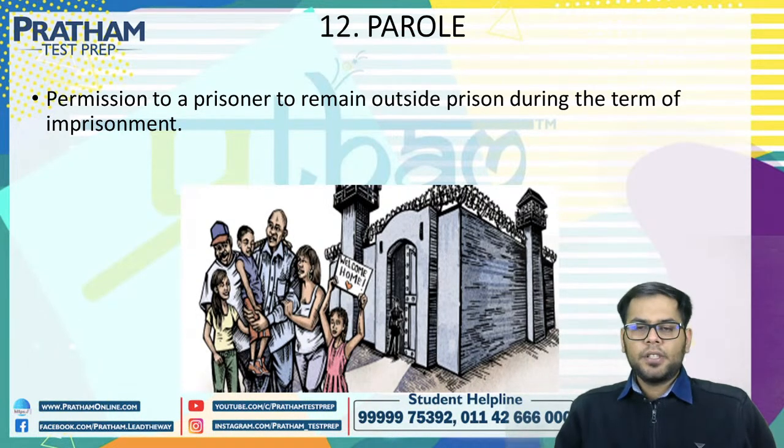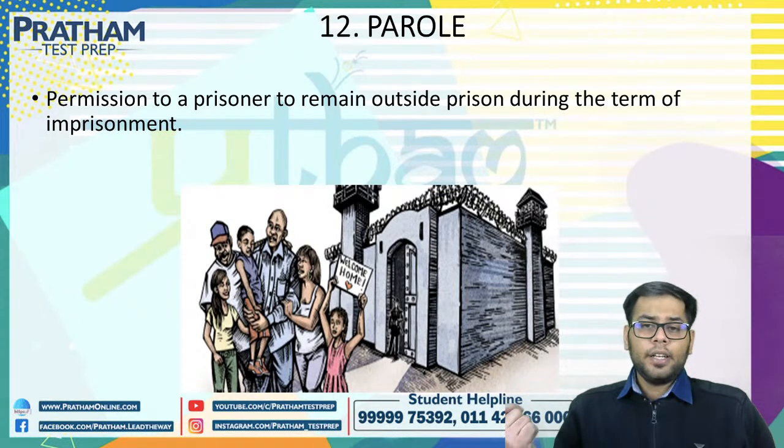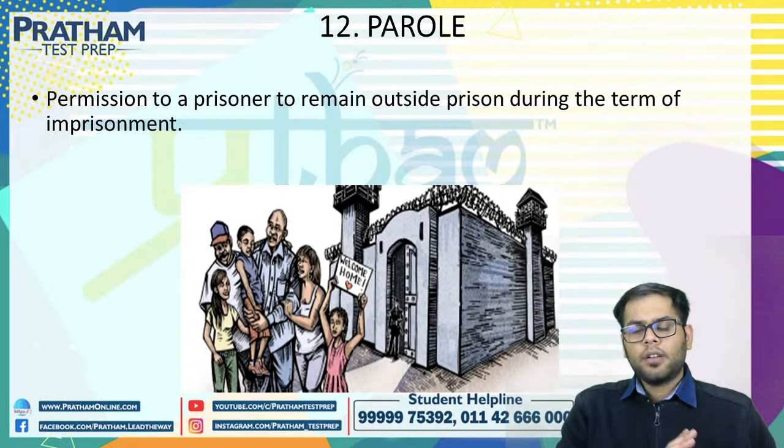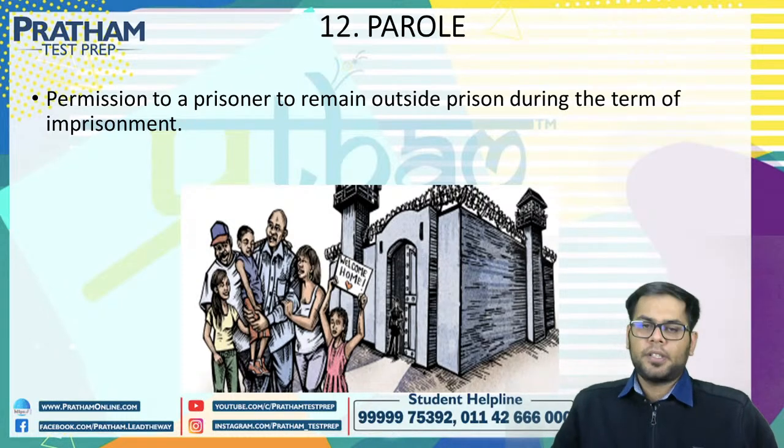When a prisoner is allowed to go home or outside the prison for a brief period of time during his imprisonment, right? It is different from bail, right? Bail is where you are given a relief, right? But parole is where you are punished, but then you are given a relief in between your imprisonment, right?